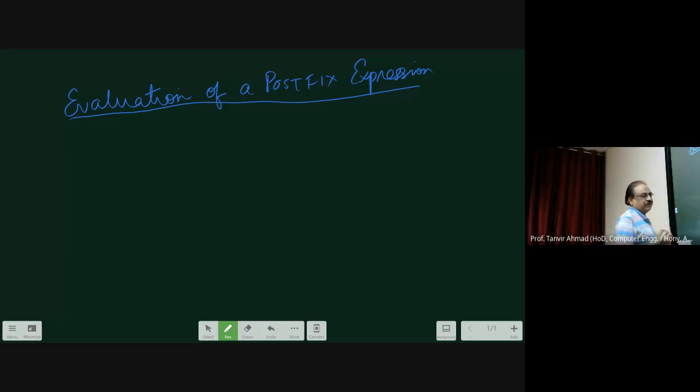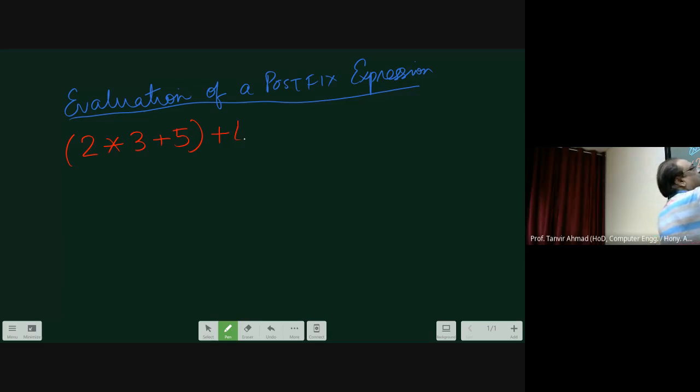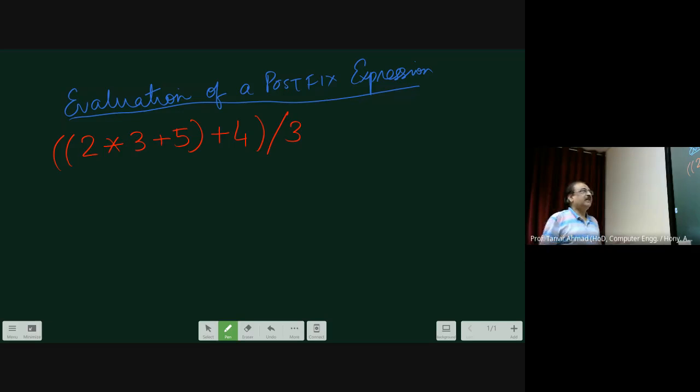Now, if I take an expression like this, say 2 multiplied by 3 plus 5, divided by, say, let us do it like this, 3 plus... okay, now this is the expression: 2 into 3 plus 5 plus 4 divided by 3.